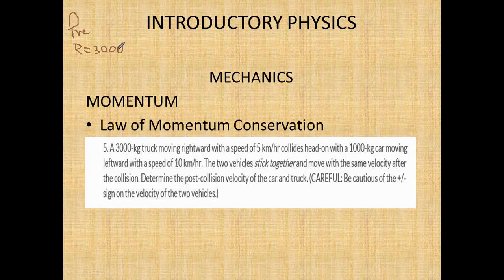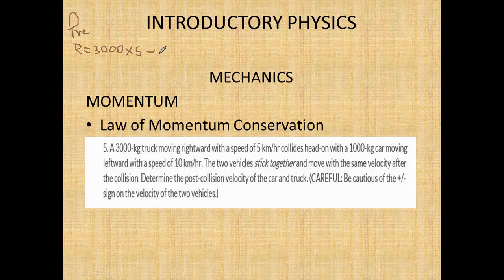When you multiply the mass by the velocity, you get the momentum. So the momentum is 5 times 3,000 for the truck. We're going to add to that the momentum of the 1,000 kilogram car, because this is the pre-collision momentum, but the car is moving to the left, so it's going to have a negative velocity.